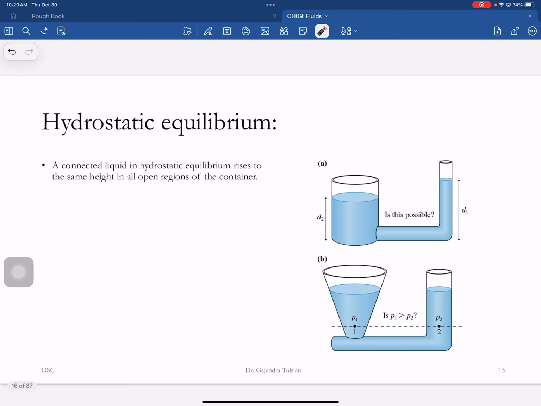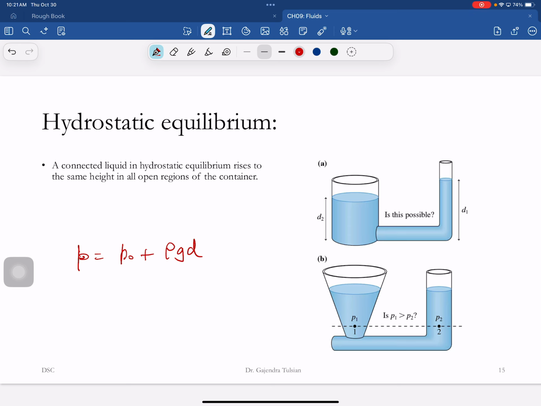Yeah. All right, is this possible? So in a liquid, at a given level, the pressure is the same. Okay, you saw that the pressure is given by the atmospheric pressure. If you're open to the atmosphere, you have atmospheric pressure plus the pressure due to the depth.